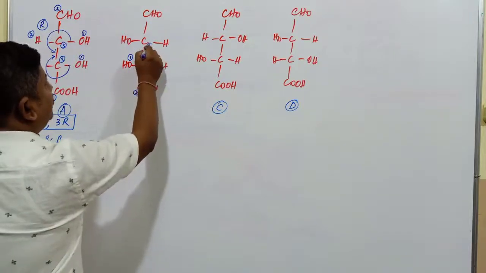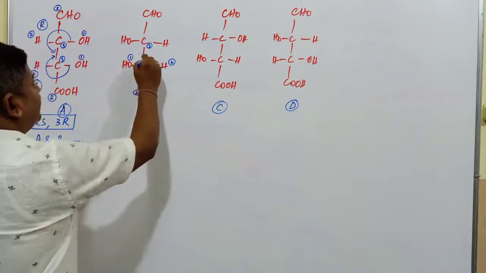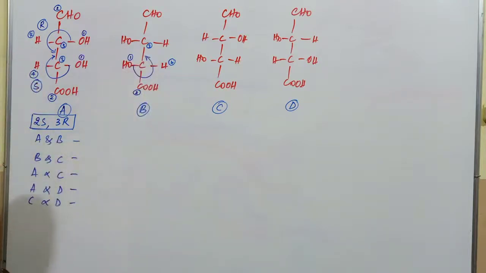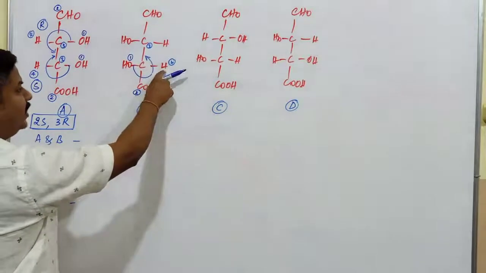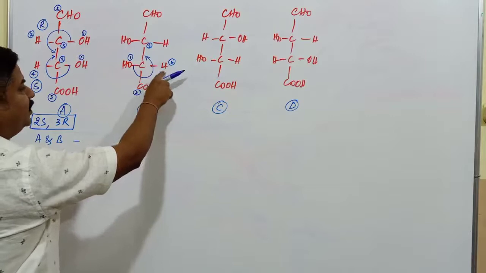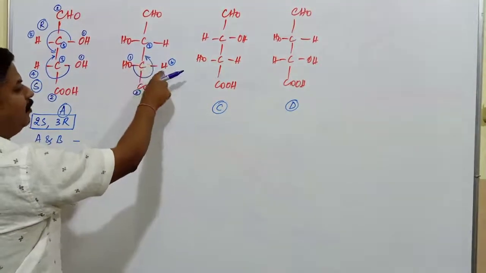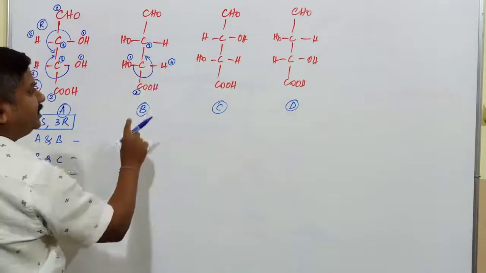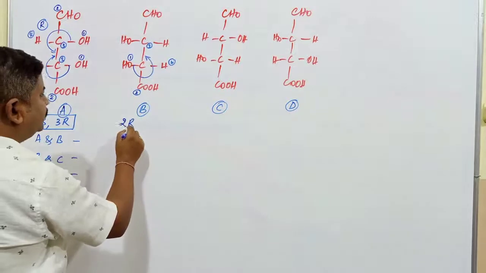This is third priority and this is fourth priority. Here it is moving anti-clockwise, but hydrogen is present in horizontal position. When it is present in horizontal position, R converts into S or S converts into R. So it is going to be referred to as 2R.